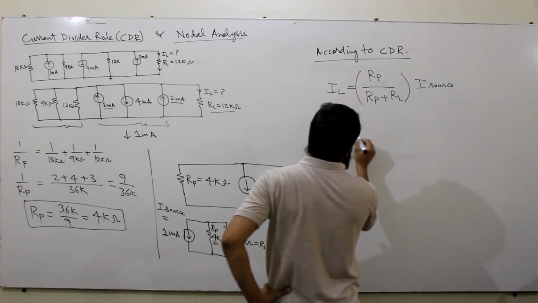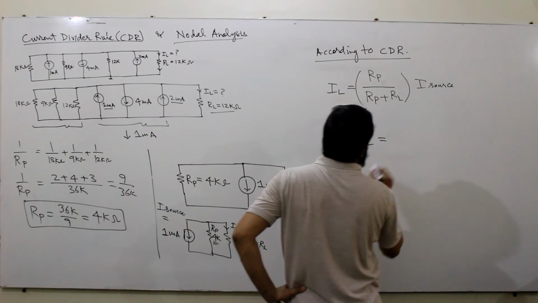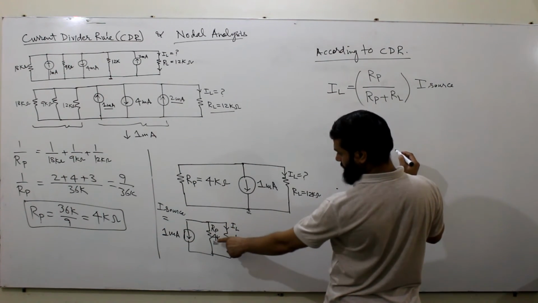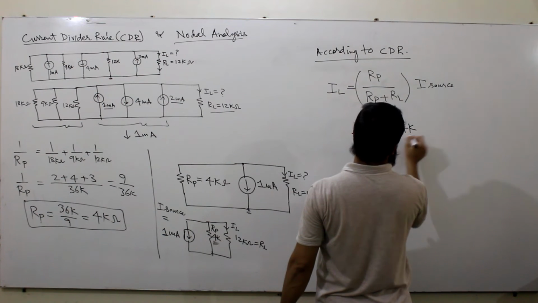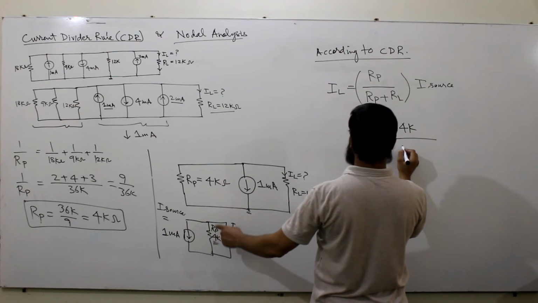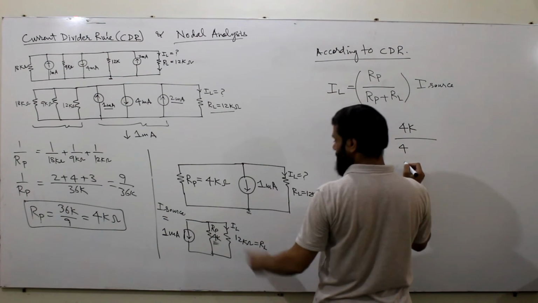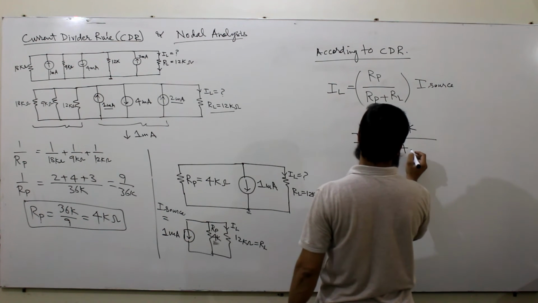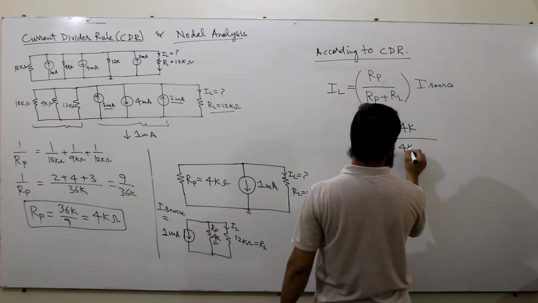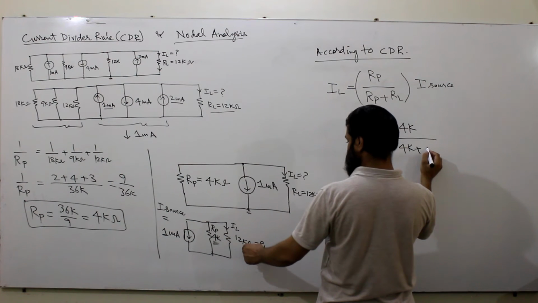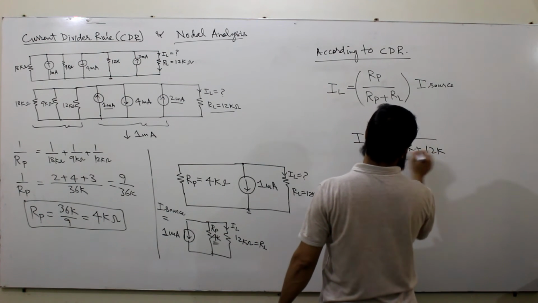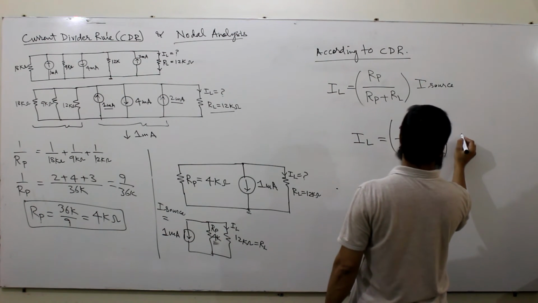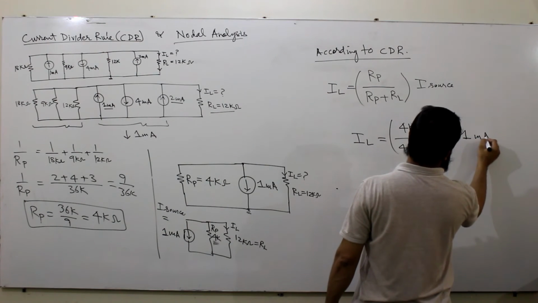So we will now find the current. Rp is 4 kilo ohm divided by the sum of all resistances, actually 4 kilo ohm plus 12 kilo ohm, into I source, which is 1 milliampere.